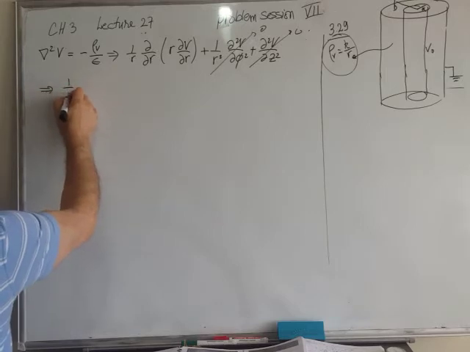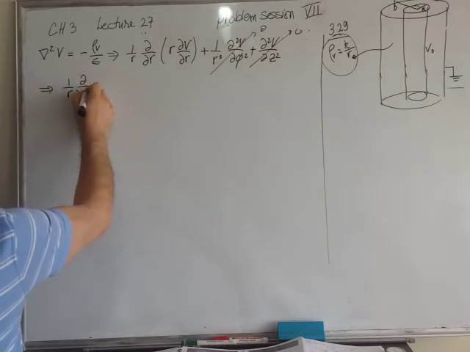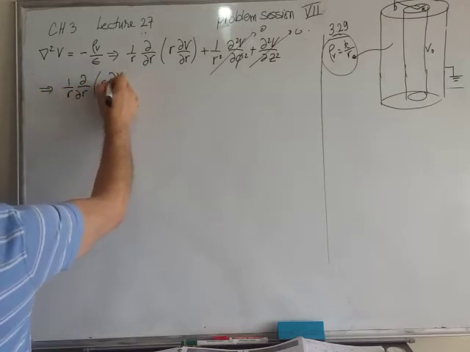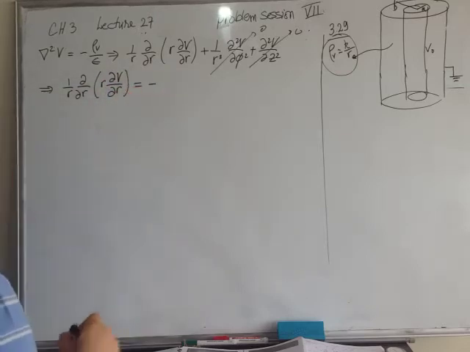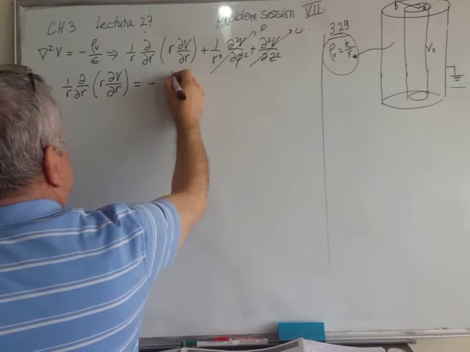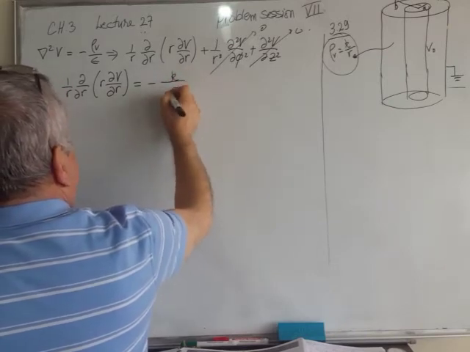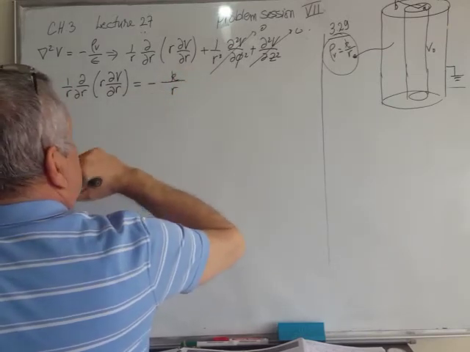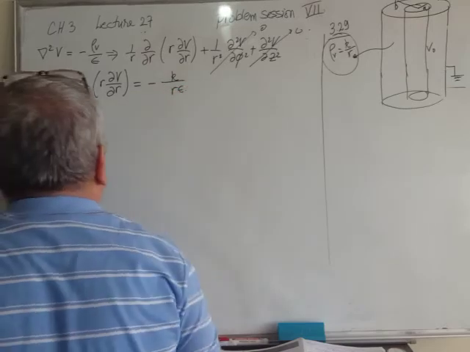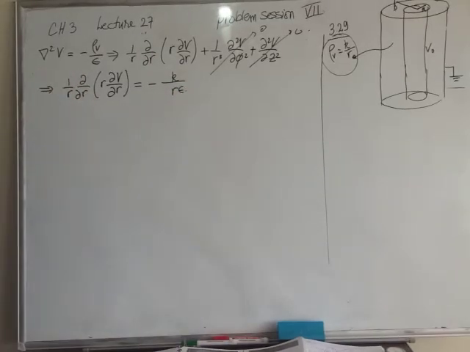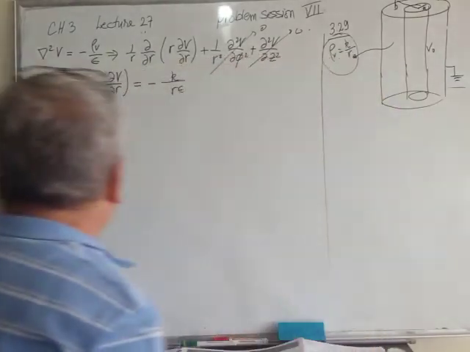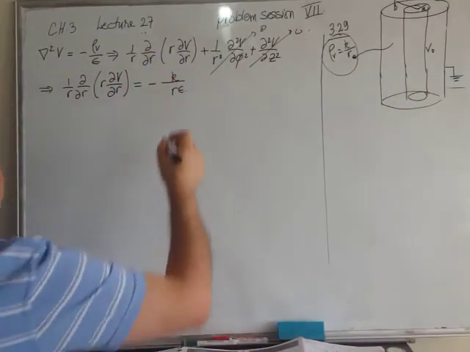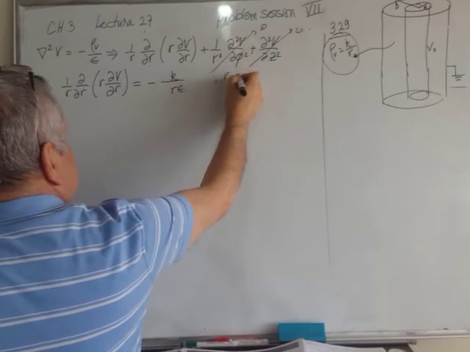With 1 over r partial with respect to r of r del v by del r equal to minus rho v over epsilon. That's rho v equal to k over r, so minus k over r, and you have an epsilon here. Okay? Now since we are working between r equal a and r equal b, we can multiply by r since r is different from 0.